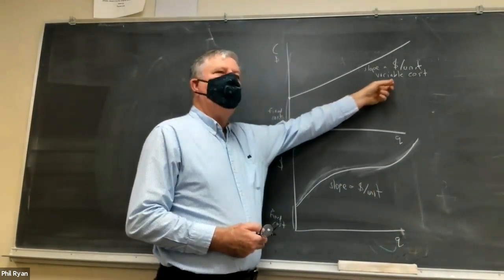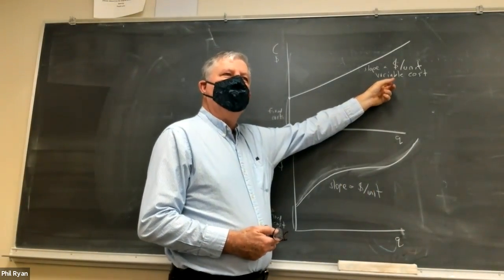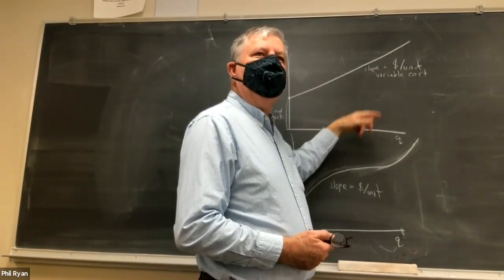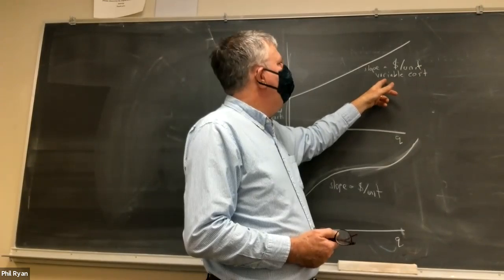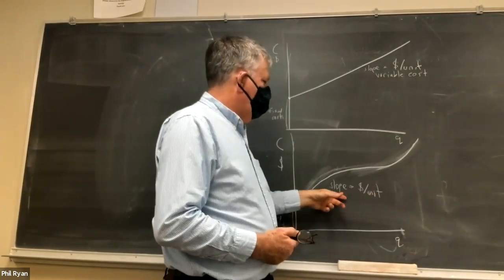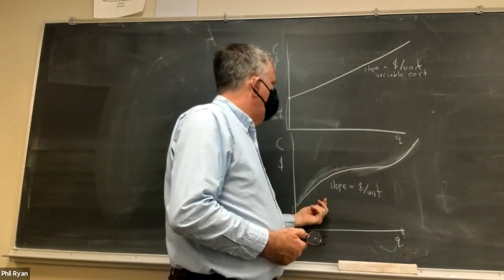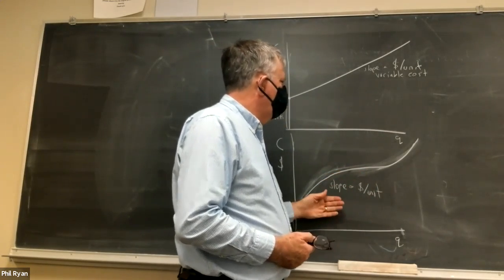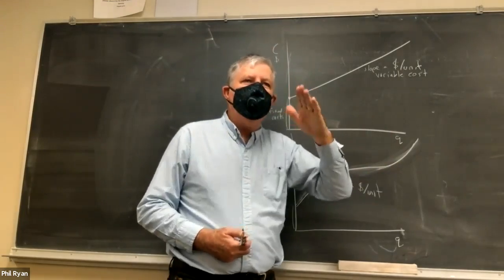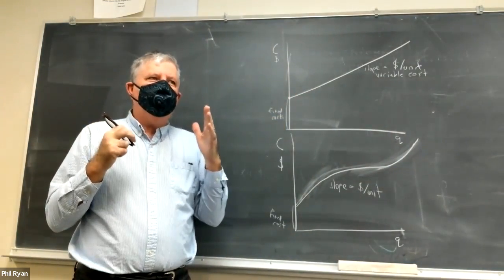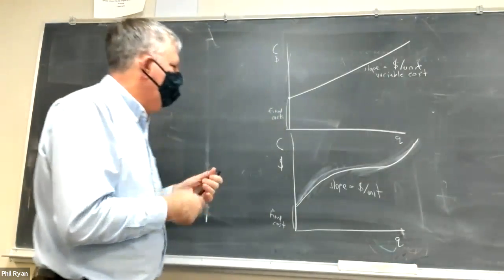Usually when we're talking about variable cost, the only thing that's varying is Q. That's why it's called variable cost. Here, it's changing not only with Q, but the actual amount of it is changing depending on what Q is. So it really is varying.